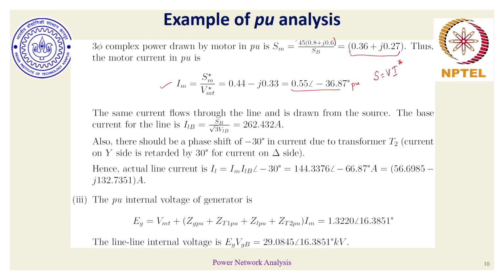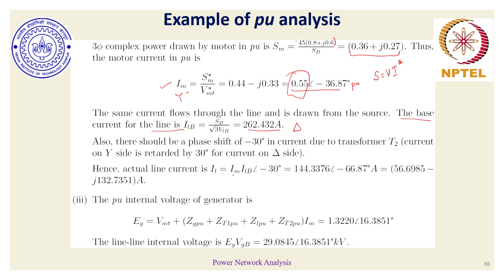So when we evaluate the corresponding current on the line side, the corresponding base current needs to be first evaluated on the line side, and in per unit analysis, the phasor would remain the same. The only thing which would change is a 30-degree phase shift, specifically minus 30-degree phase shift, because the motor side is star connected and the line side is delta connected. So there has to be a phase shift of minus 30 while converting this motor current to line current.